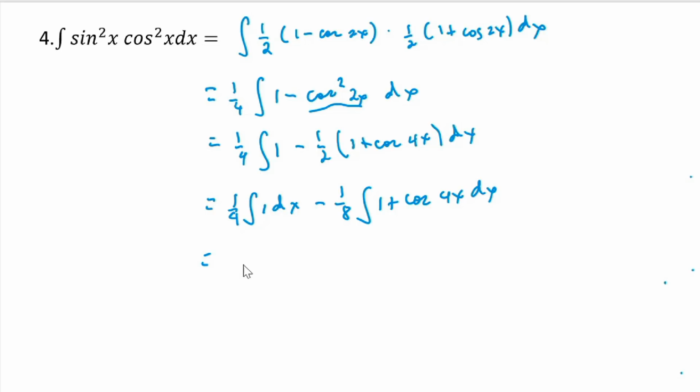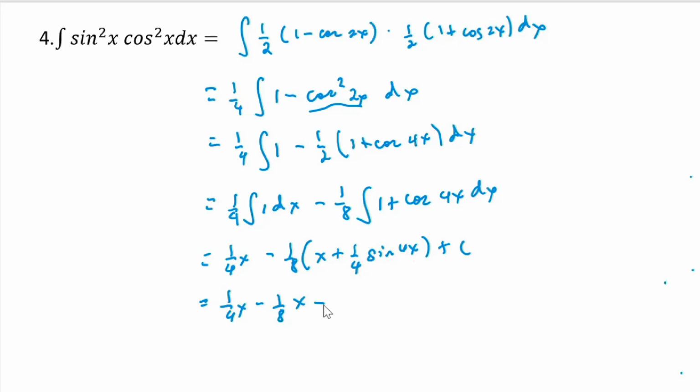And then the integral of the first term, we have 1/4 of x minus 1/8 times the integral of 1 plus cosine 4x, which we can write as x plus 1/4 of sine 4x plus a constant. So multiplying the second term, we can write 1/4 of x minus 1/8 of x minus 1 over 32 of sine of 4x plus a constant.